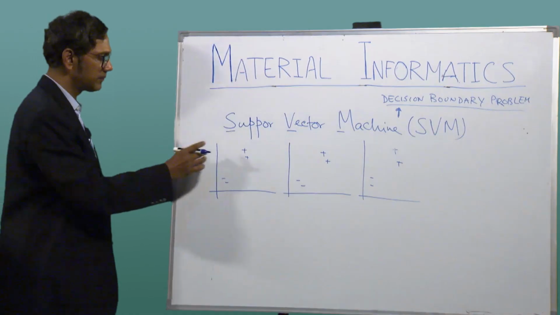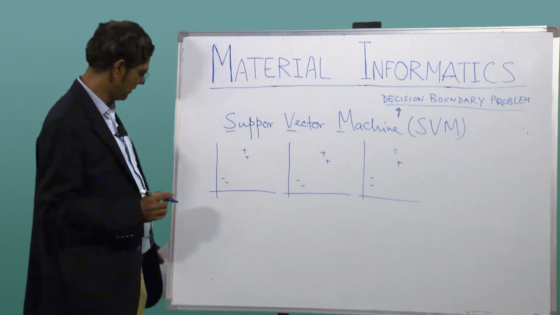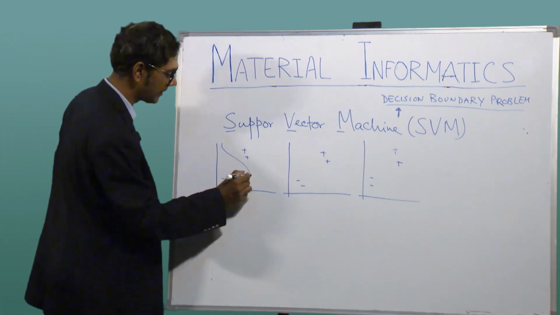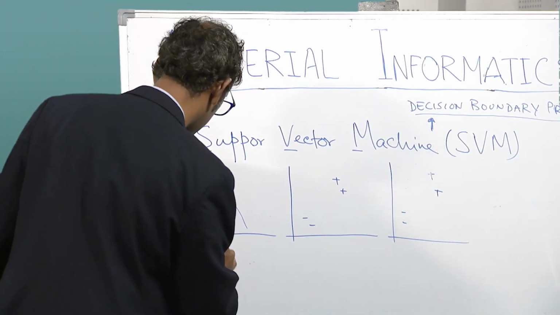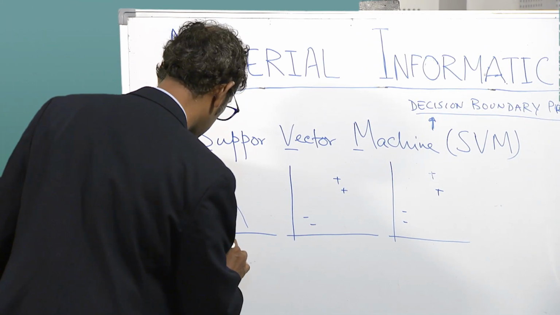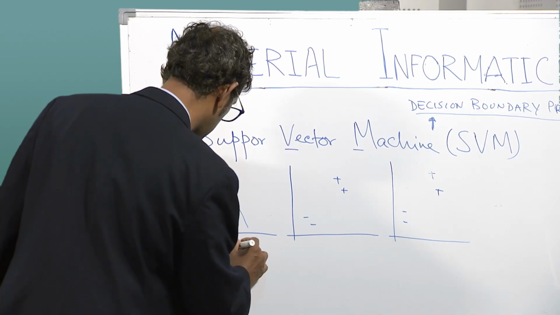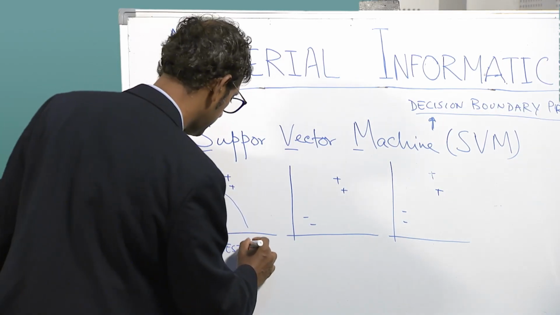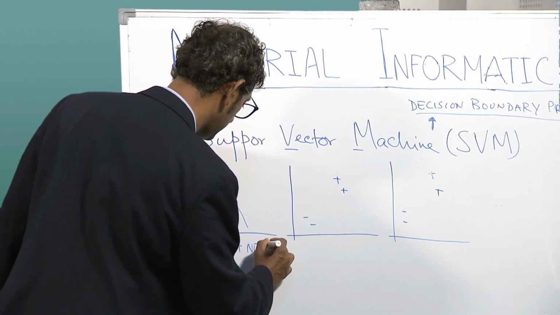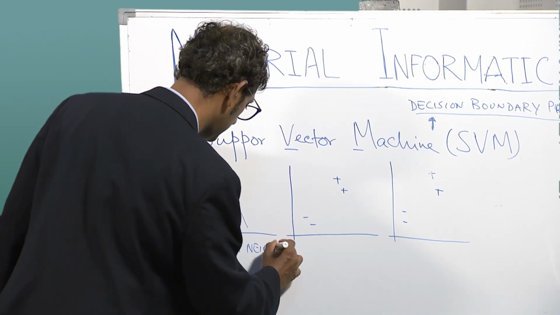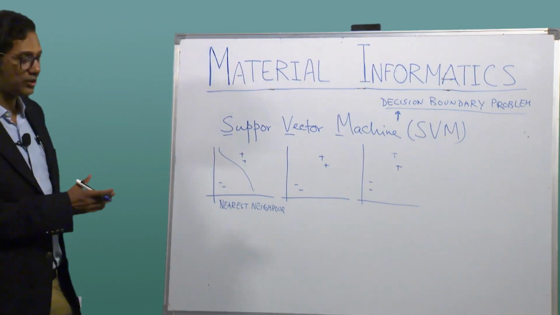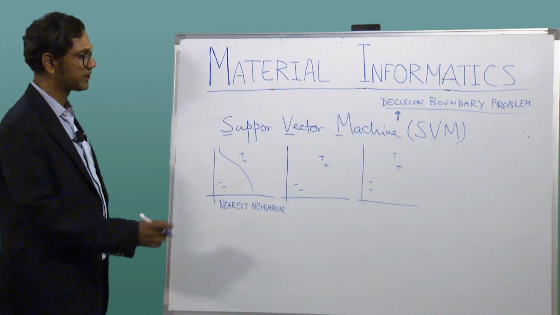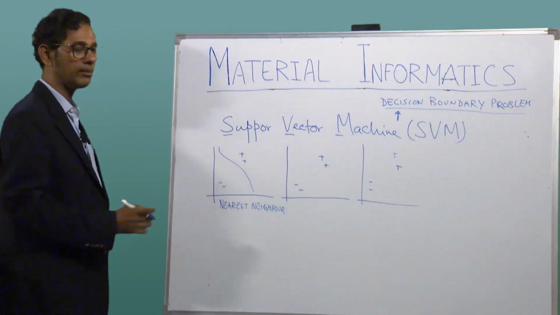So, I have this kind of data. I can easily draw a boundary line like this. This is called nearest neighbor. This kind of model is called nearest neighbor based modeling to differentiate these two data points.